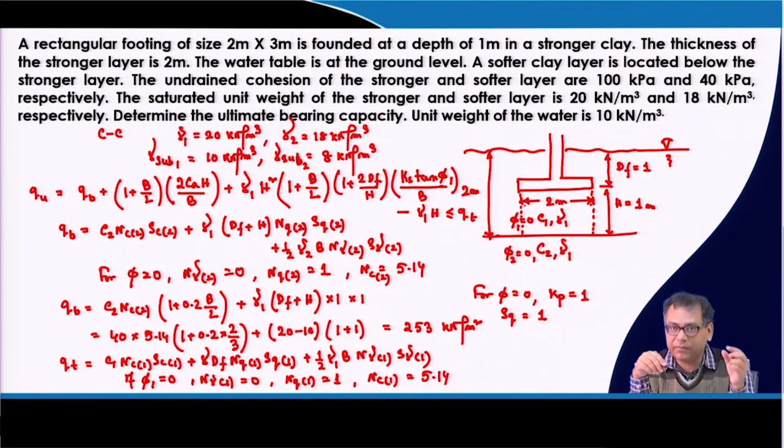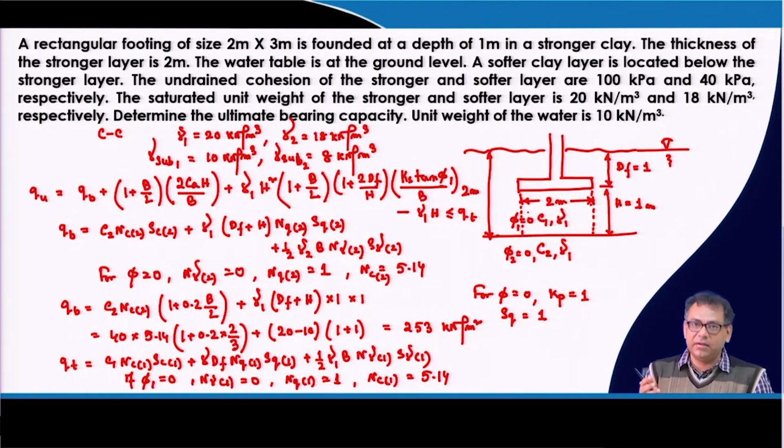For the top layer the depth of footing will be df, but for the bottom layer it will be df plus h. Okay. And we have taken the h contribution twice. That is why you have to subtract it once, either during QB calculation or from the basic equation.